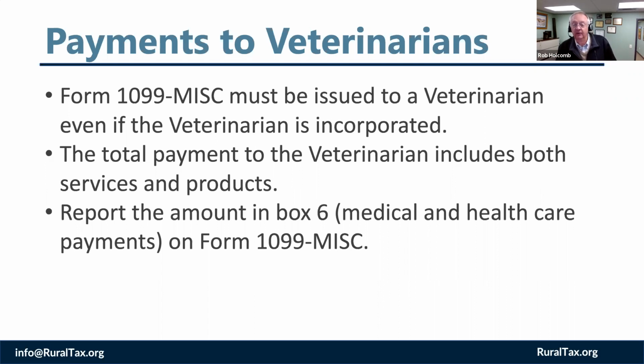Individuals are not incorporated, and so we end up having to issue 1099s to those folks. Now, we know that those 1099s are going to get sent to the IRS, and in most cases to the state as well, wherever the individual resides, the applicable state.